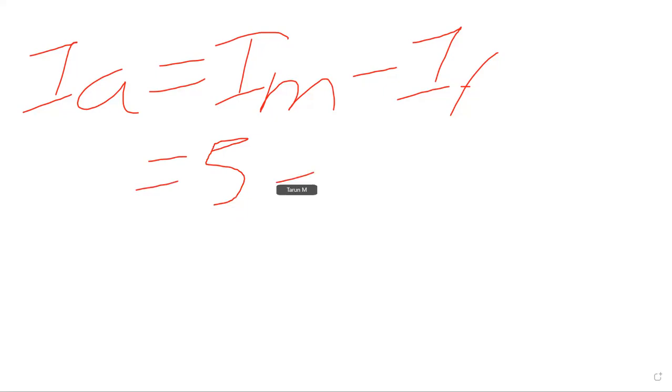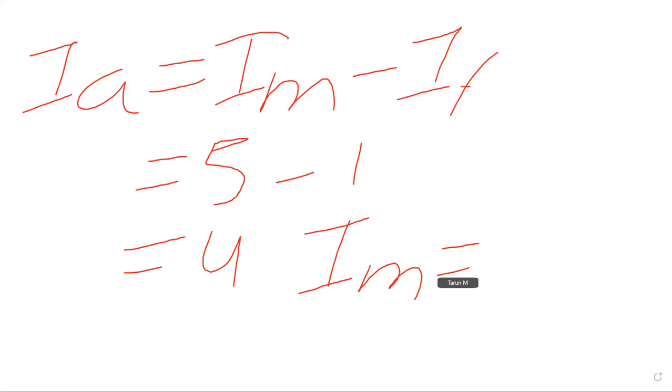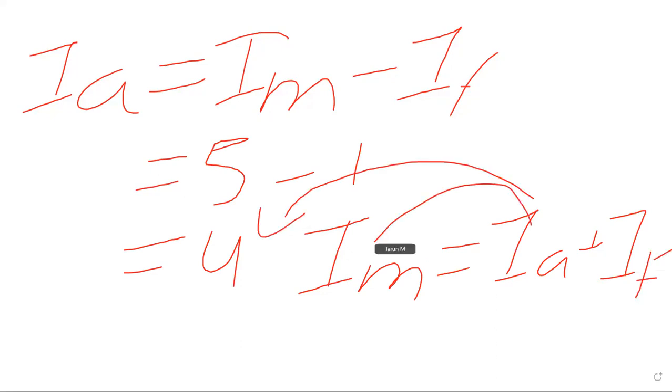So armature current will be equal to 4 amp. If you want to calculate total motor current, it is equal to armature current plus field current. From this formula, we just brought the IF here, so that IA equal to IM minus IF. Guys, clear this much or no?